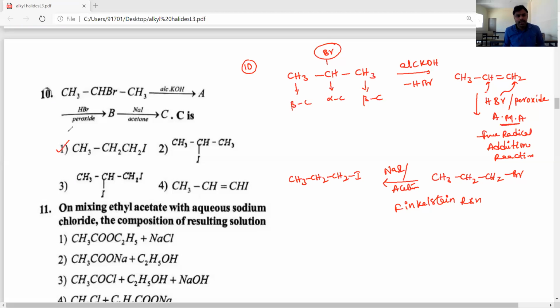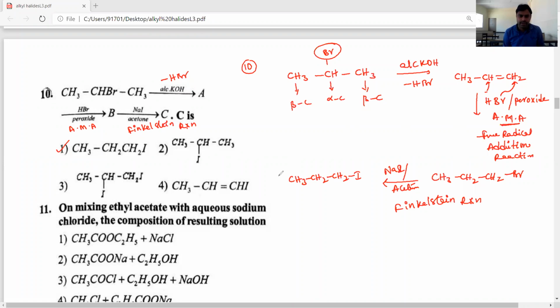See the conversions here: the first reaction is an elimination reaction, loss of HBr. The second is an anti-Markovnikov addition reaction. The third is the Finkelstein reaction. The final product is 1-iodopropane. So the first option is correct.